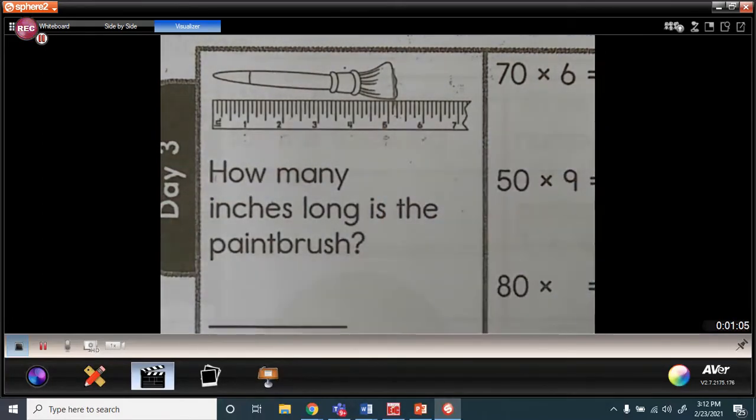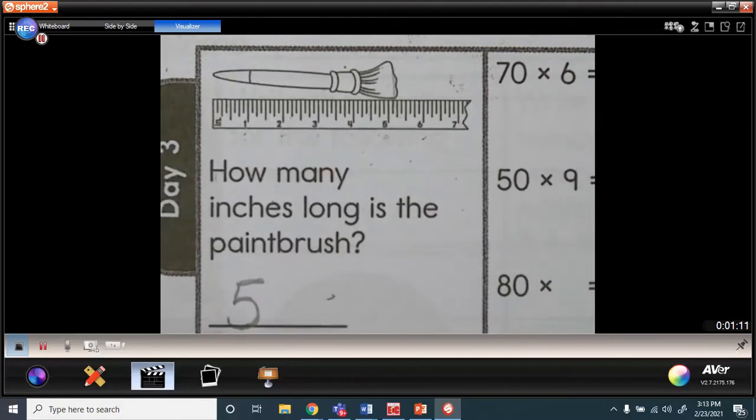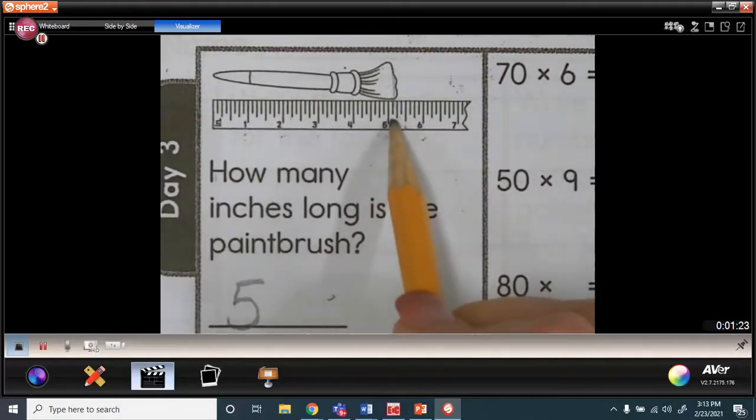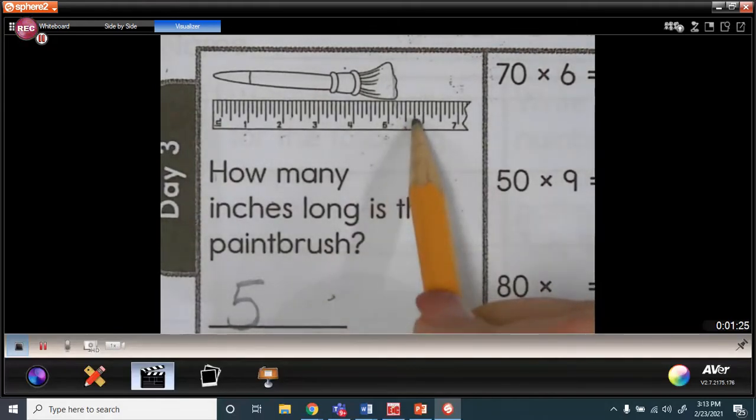Now, when we look at a fraction of the whole, we put the whole number first. So we could say that this is 5 whole inches, and then it's a little bit more. Now, this line right down the middle, that's our half mark. And the next longest line on either side of those are the 1/4 inch marks, or the quarters.